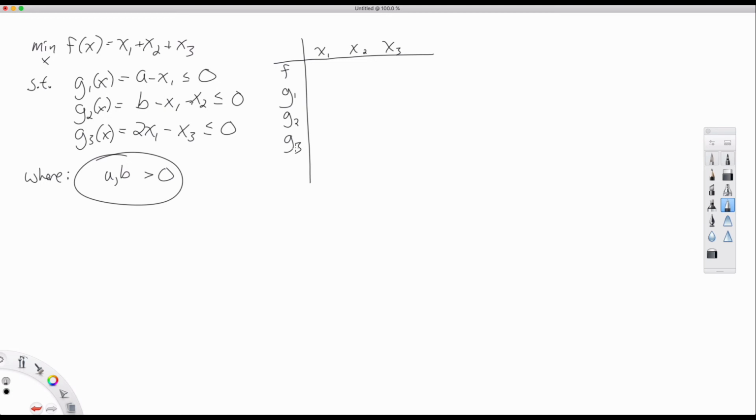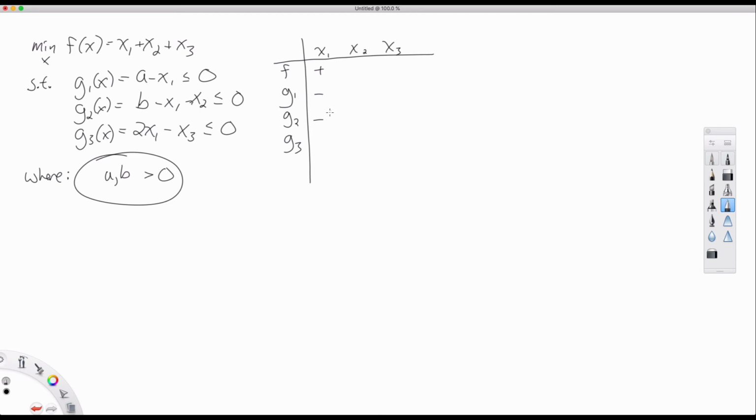If we look at x1 first, the partial derivative of f of x with respect to x1 is everywhere positive. And g1, with respect to x1, that's everywhere negative. With g2, that's negative.